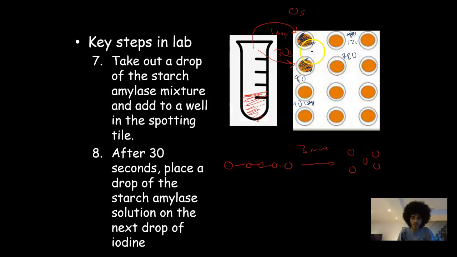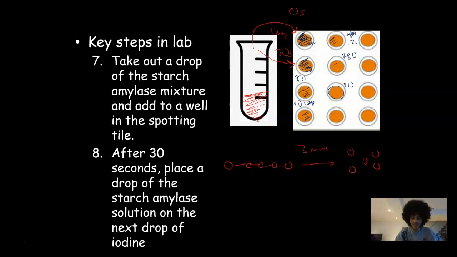Over time it becomes slightly less blue and slightly more orange until it turns perfectly orange at around 210 seconds. And what that tells you is that it takes 3.5 minutes for your starch to be broken down by amylase at pH 7. Now, if you do it at different pHs, what you might find is it takes longer or shorter amounts of time to break it down.